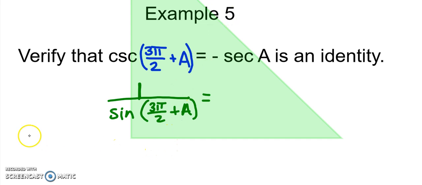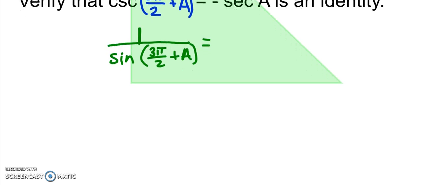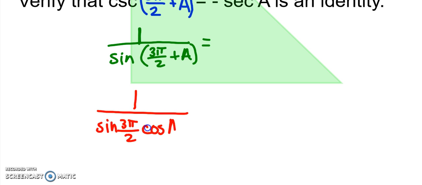All right, so when it comes to this first part, we know sines and cosines. When we do this, are sines and cosines together, or are they mixed? Absolutely right, they are mixed. So that means our sines and cosines go together. So sine 3 pi over 2 times cosine A. And then remember, it goes the opposite sign.